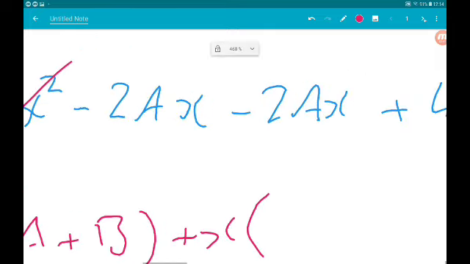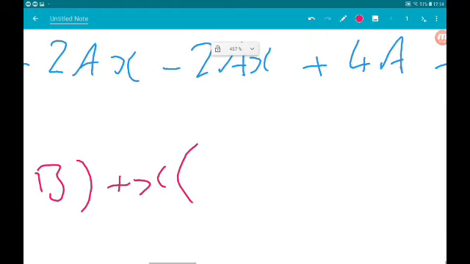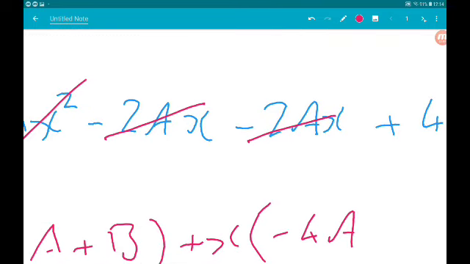So we've got minus 2Ax minus 2Ax, so that's minus 4Ax. So we need a minus 4A in there.